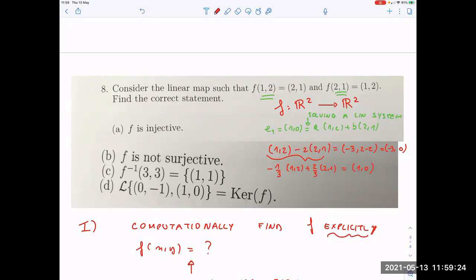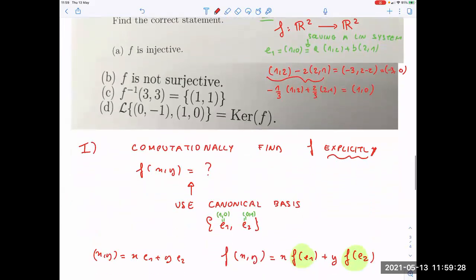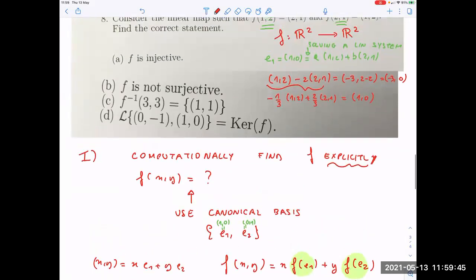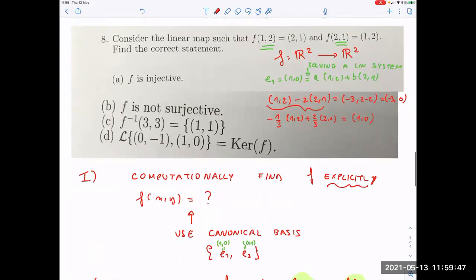Okay, so once I have this expression, I can easily compute f of E1, because then f of E1 is minus 1 over 3 f of 1, 2 plus 2 over 3 f of 2, 1. And now we see 1, 2 and 2, 1 are just exchanging.